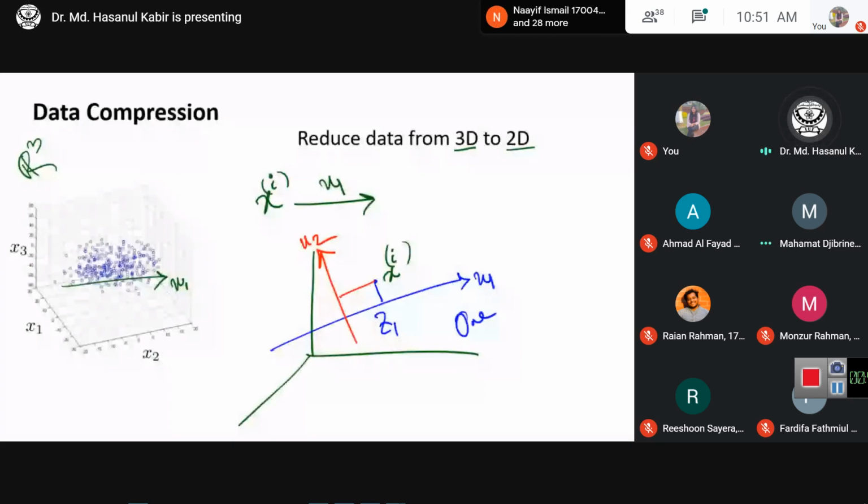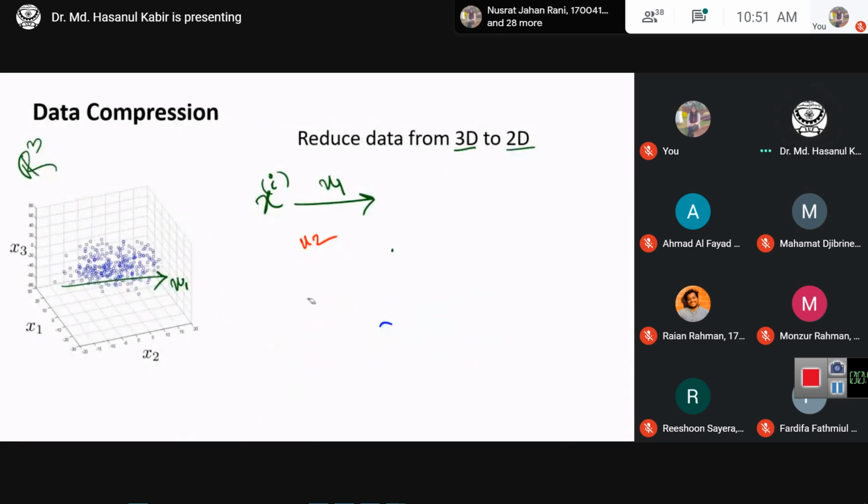That is Z2. So in this example, if I take U1 and do this projection, I will get a projection coefficient of Z1. If I take another projection line in this direction, that is U2, and do this projection on U2, you will get Z2. Yes or no?